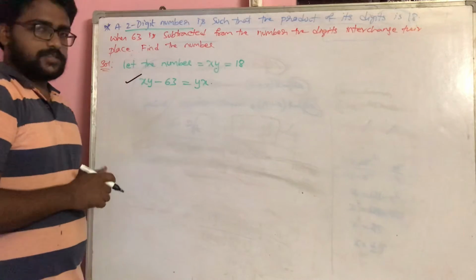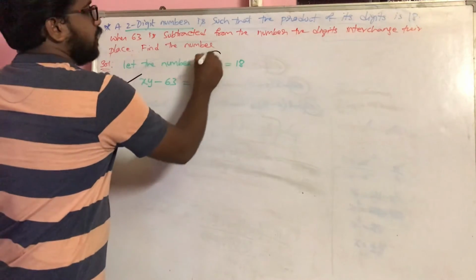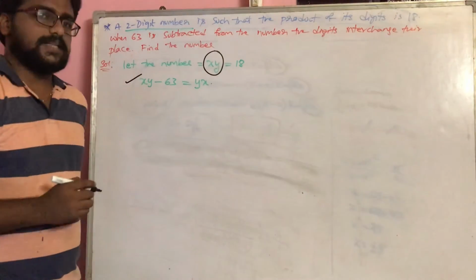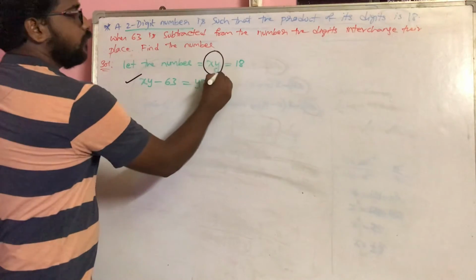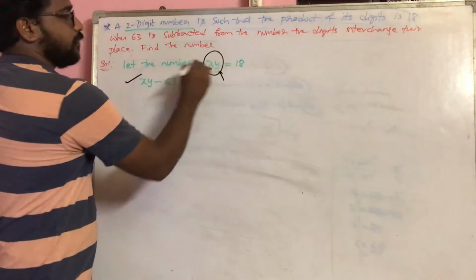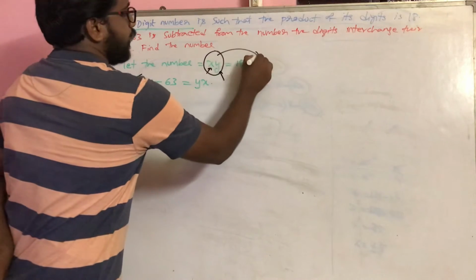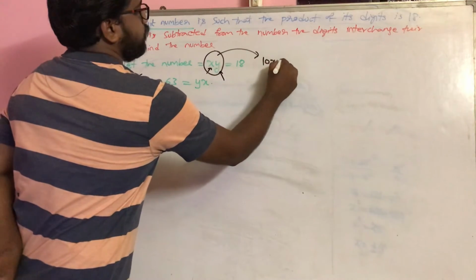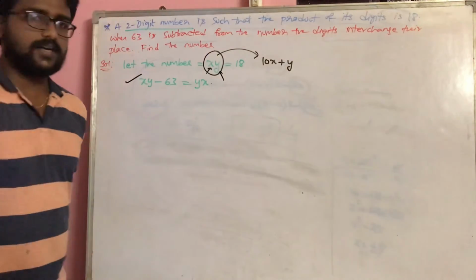Let us simplify this further, as this xy is nothing but this is the ones and this is the tens place. That means the same xy can be written as 10x plus y. Is it correct?